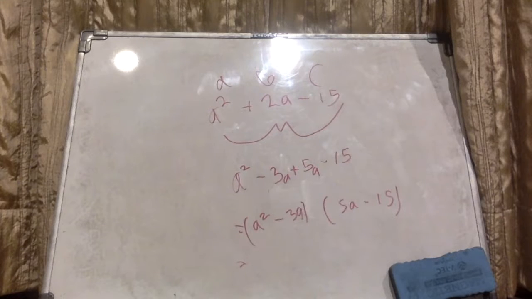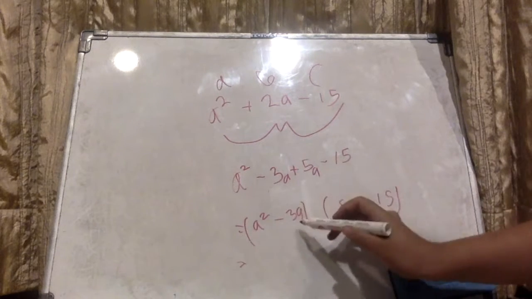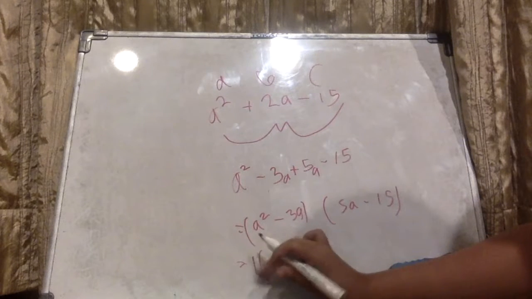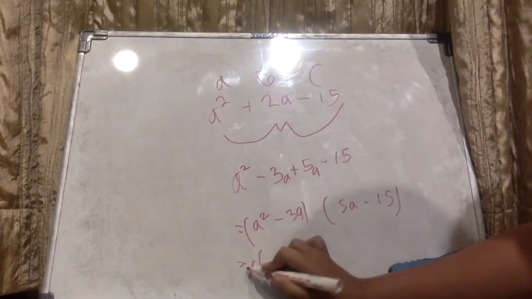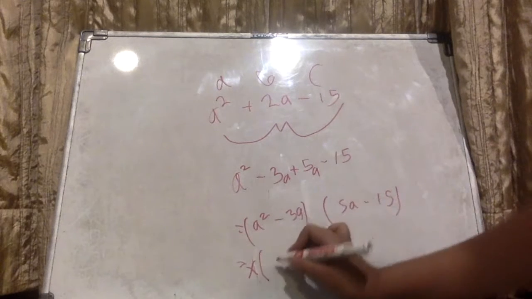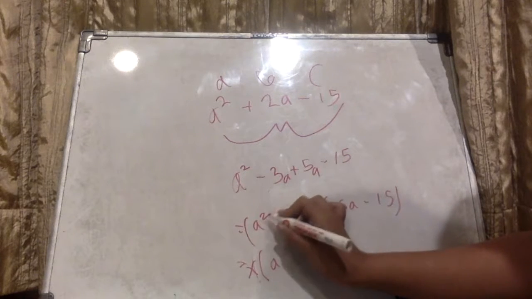You could also use a or any variable, just what's comfortable to you, because these are both prime numbers. So 1, okay, let's just use x.